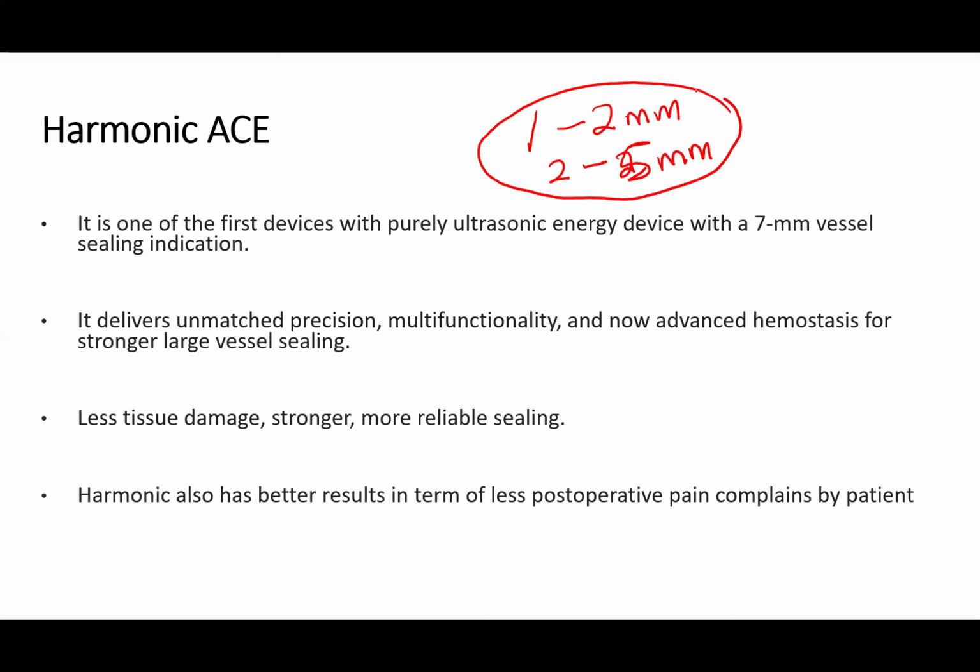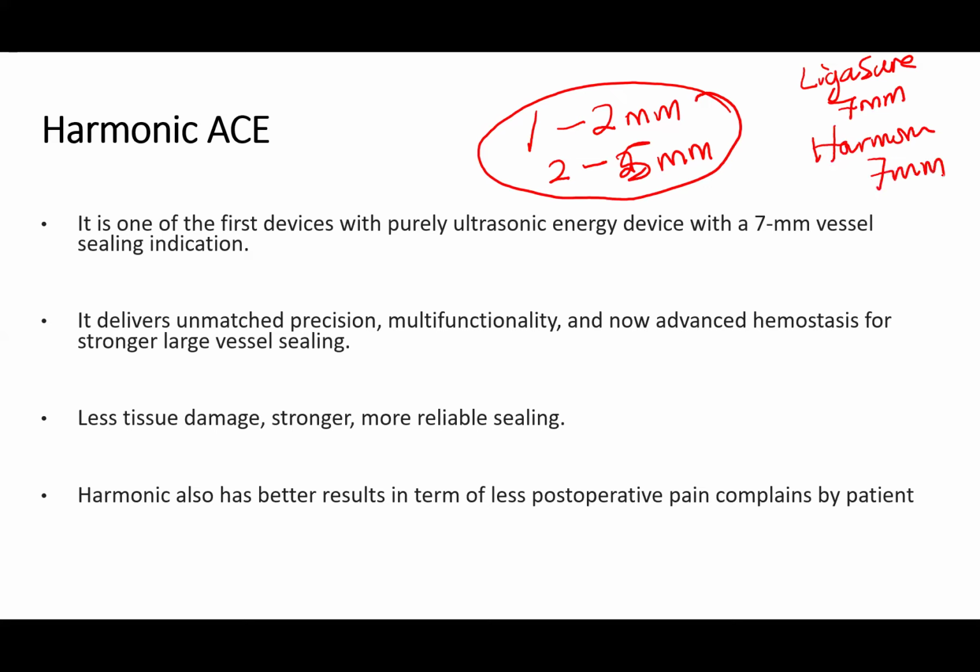Now the advanced instruments. Now the advanced bipolar, number 1, the ligation, is an advanced bipolar. It seals up to 7 millimeters. N-seal is also an advanced. Harmonic scalpel, 7 millimeters.